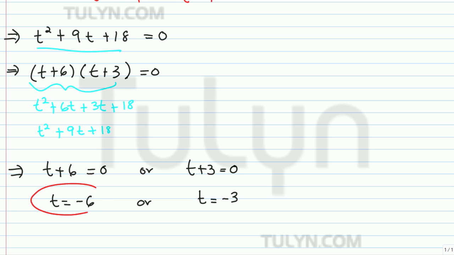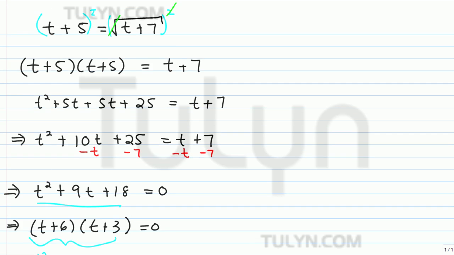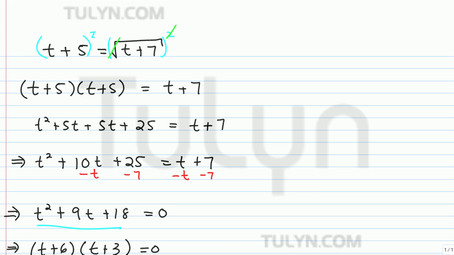And let's circle them in red. But before we can write down that these are actual solutions, we need to check them within the original equation, because since we squared both sides at the very beginning, we might have acquired extra solutions, which are called extraneous solutions. And these are solutions which don't satisfy the original equation.